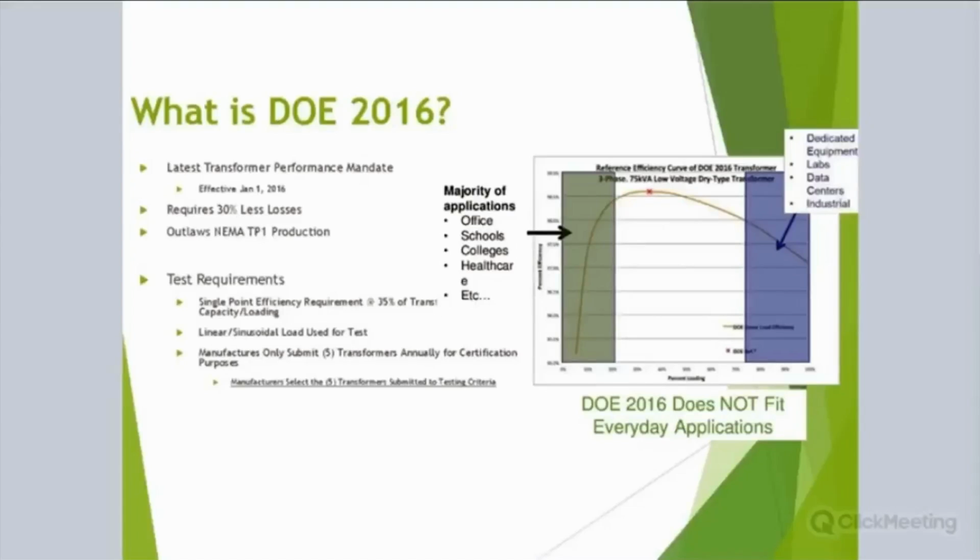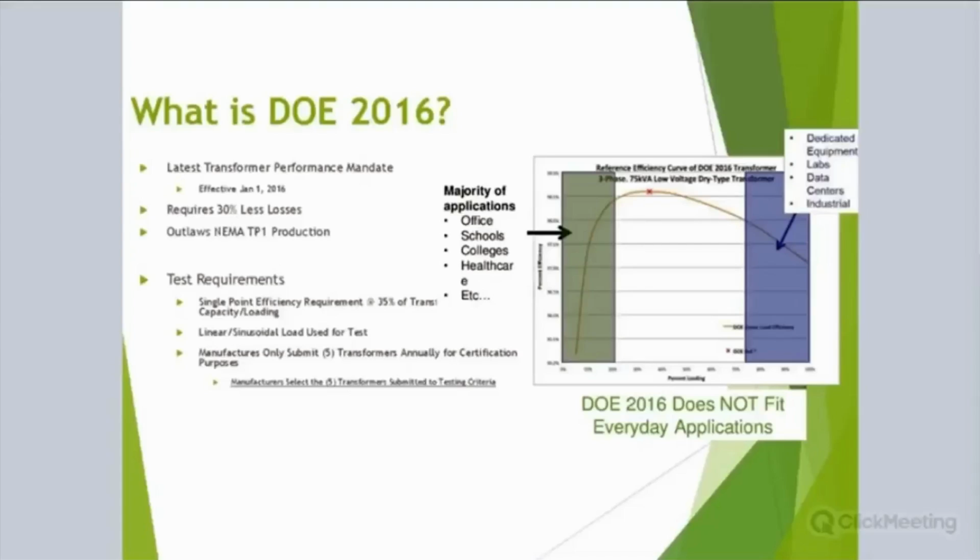The primary requirements for the test, and these are some shortcomings of the Department of Energy, but they had to make some resolutions with the manufacturers because they were pushing back on some of this because they knew their product would go up in price.